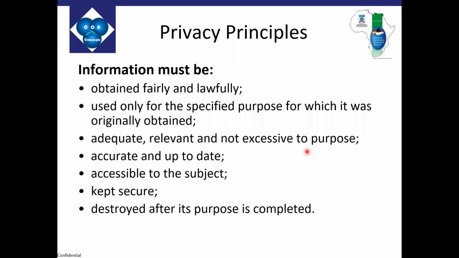So if there is information about, let's just say, a new employee coming in, it may not be necessary for managing them as an employee to ask about their family life, the number of girlfriends or boyfriends they have. That's totally irrelevant for managing them as an employee. So only gather the information that's needed.